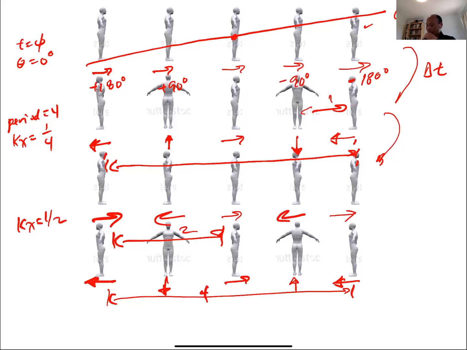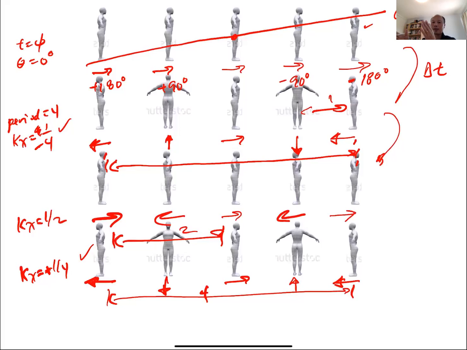But notice that we would call this kx equals minus 1/4, because the spin orientation is different. This is probably plus 1/4 and this is minus 1/4, or no, I think the opposite way around by orientation. In any case, that's an example of positive and negative frequency.